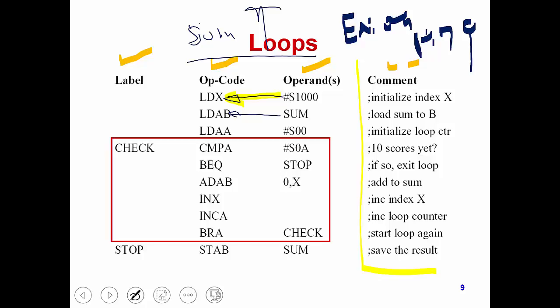But make sure, why I said it should be a data directive: it should be a label like the one I showed you on page 61. We have an example like ABC, FCB 11, 12, 13.